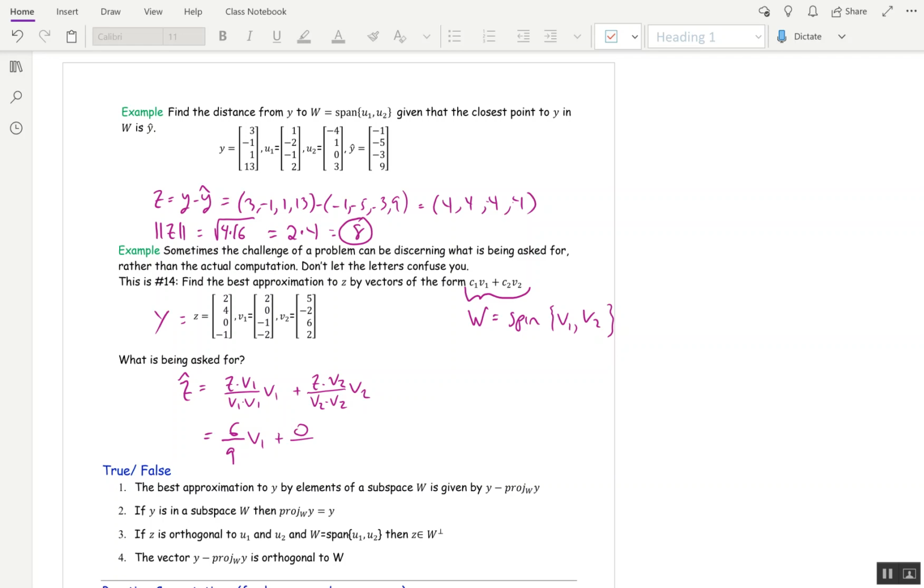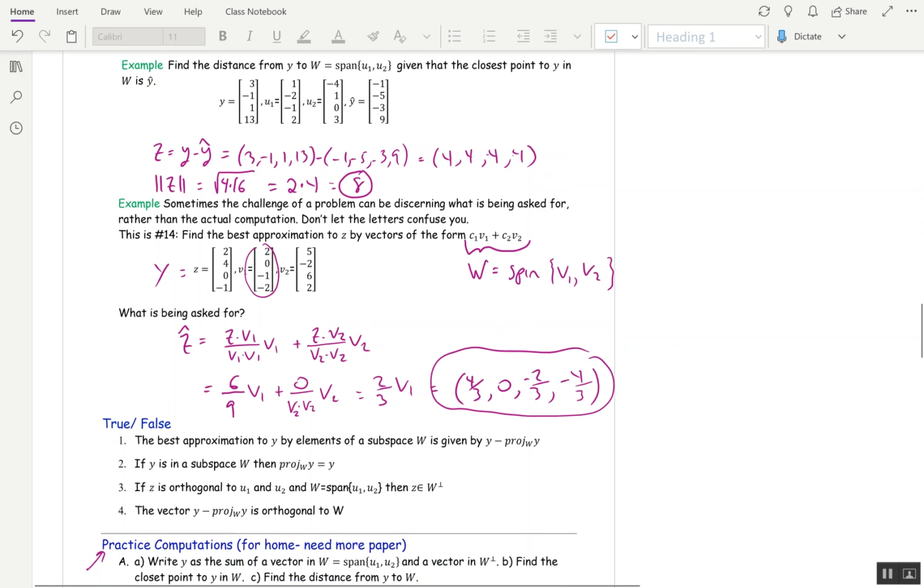And I don't care what v2 dot v2 is because I only need to make sure it's not 0, which it is not. So I want 2/3 v1. I'm looking at v1 and I'm going to take 2/3 of that. So (4/3, 0, -2/3, -4/3). And that's our answer.